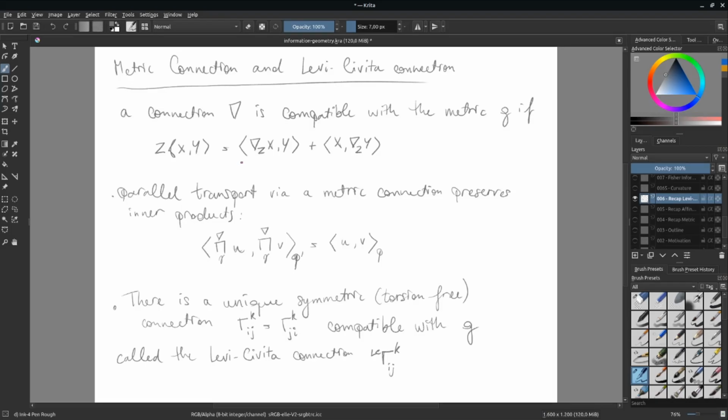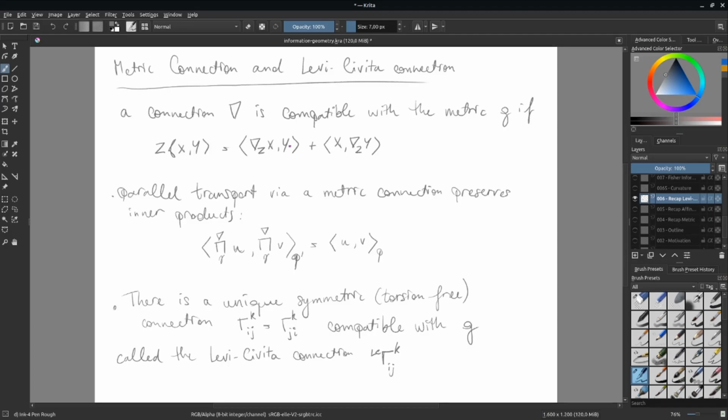We can express it as some kind of derivative rule of a product, right? You're taking the derivative along Z of a product of X and Y, and we have the product of the derivative along Z of X with Y, plus the product of X with the derivative along Z of Y.